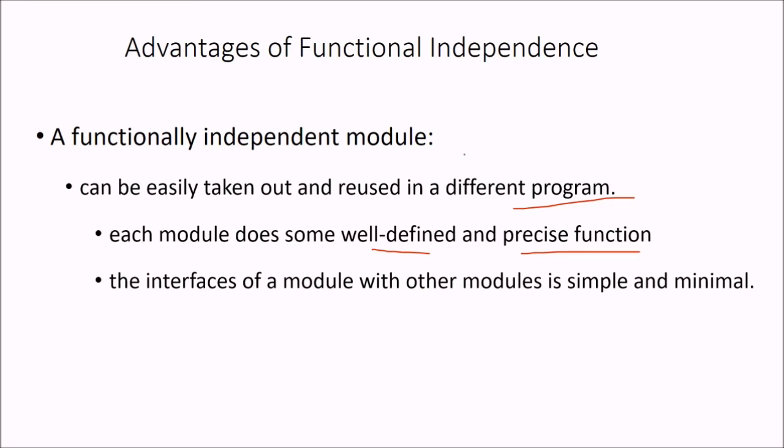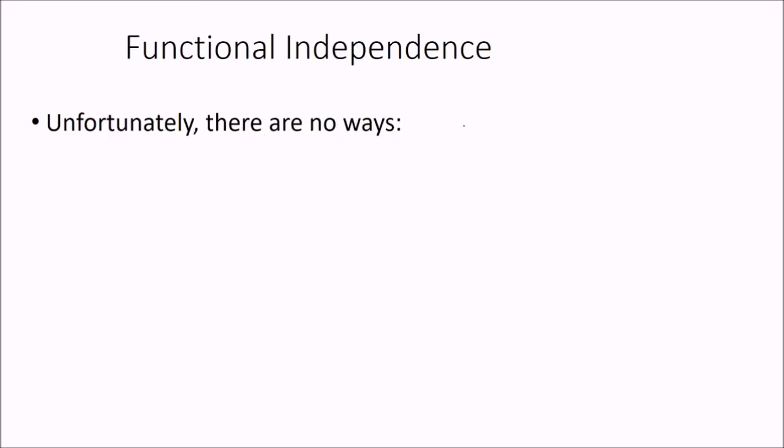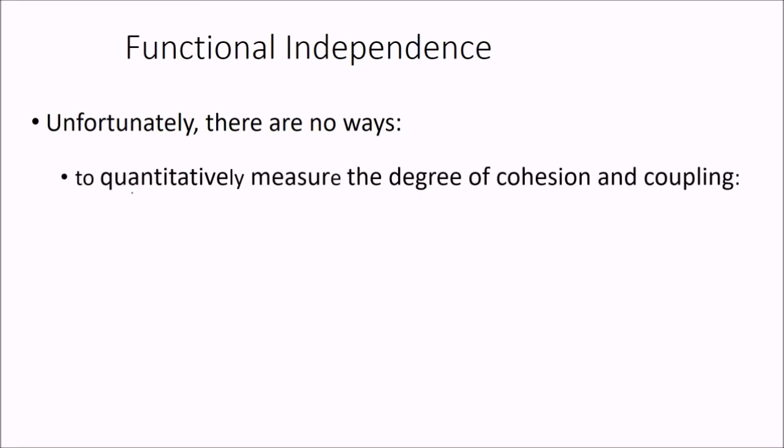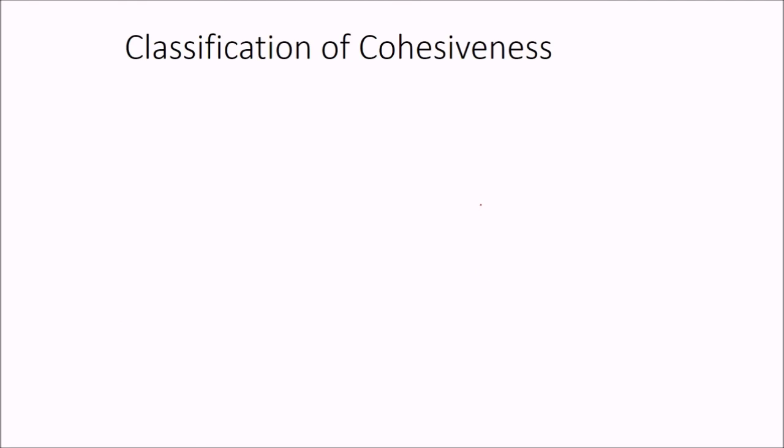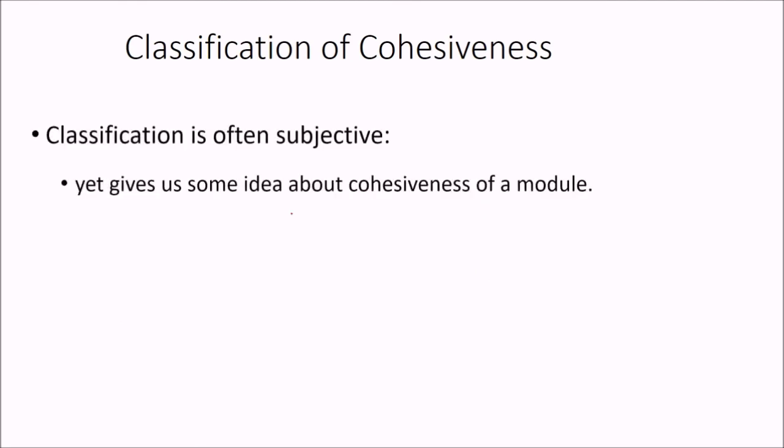But there is no way to quantitatively measure the degree of cohesion and coupling. You can classify the different kinds of cohesion and coupling, and this may give us some idea regarding the degree of cohesiveness of a module. Again, you don't have any quantitative measure, it is somewhat subjective, but it gives us some idea about the cohesiveness of a module.